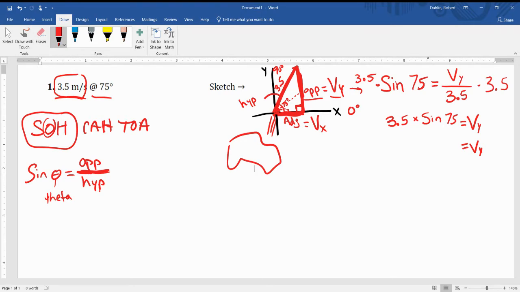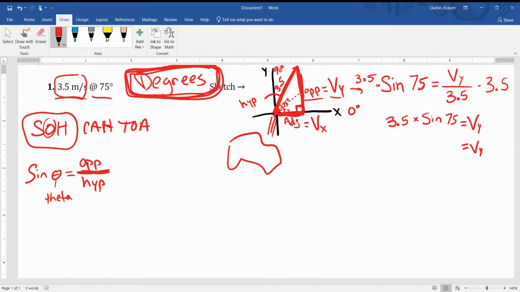Sine of 75, get that answer, multiply it by 3.5, or 3.5 multiplied by sine of 75. If your calculator is in degrees mode, it should give you the right answer. Make sure your calculator is in degrees mode, not radians.